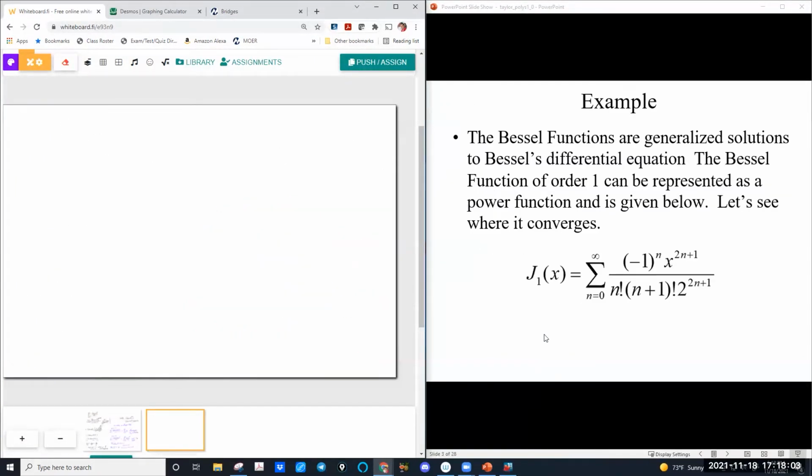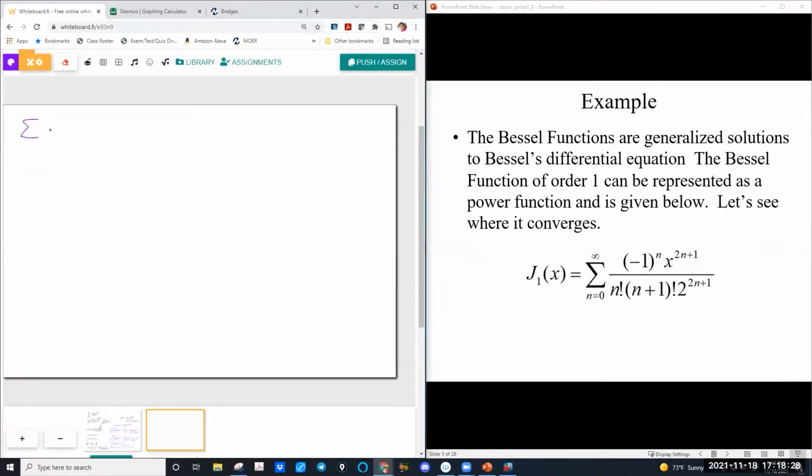Okay, so this guy is what's called a Bessel function. It's a solution to a differential equation for planetary motion. This is a power function. It has that same x to an n power, and then some other stuff going on in it. This is a nasty looking function, and we want to find out where it converges.